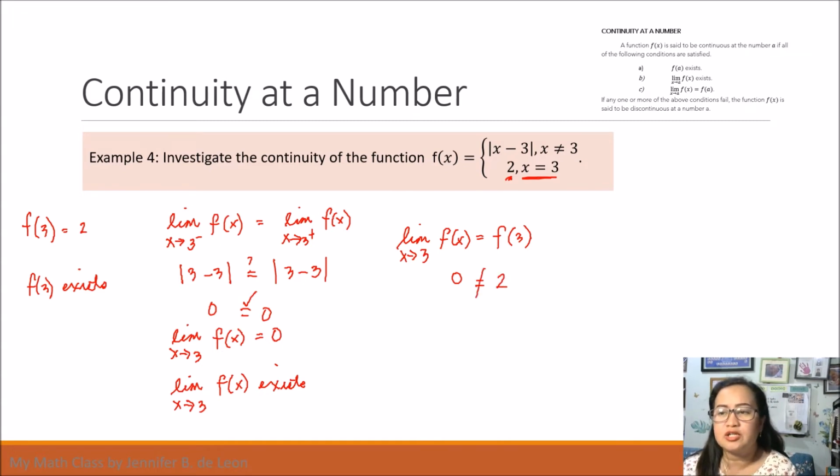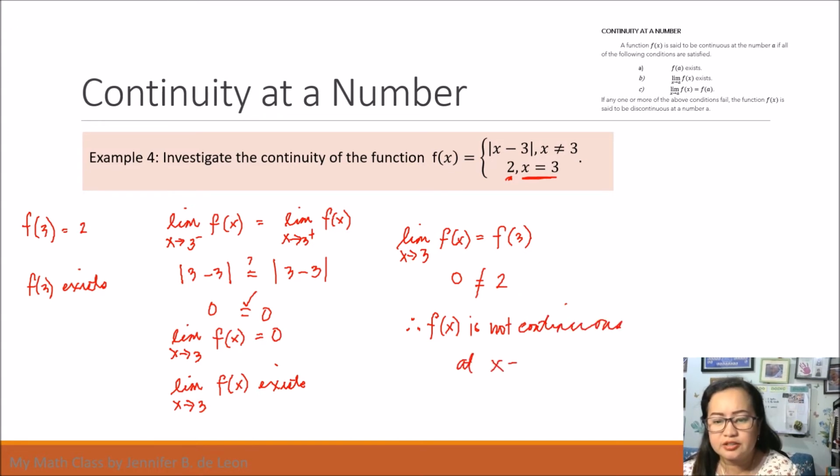Therefore, they are not equal. So we can conclude that f of x is not continuous at x equals 3. We support our answer with the graphical method.